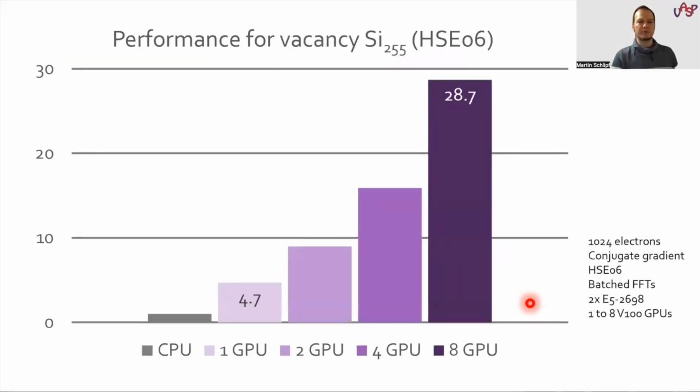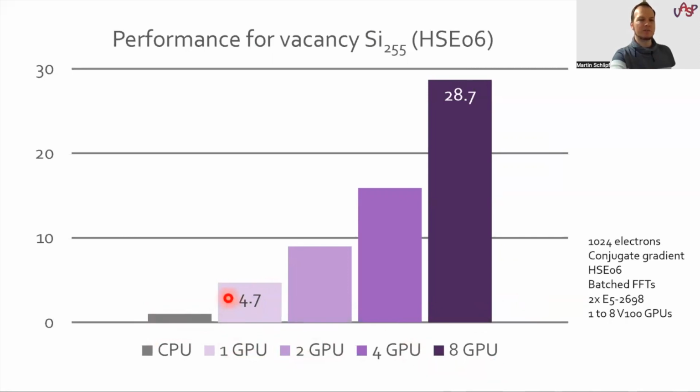Okay, so what performance can we actually get from this? This is a system where we tested a hybrid functional on a vacancy of a supercell of silicon. And for comparison, this is the time that you get for a single CPU, and then this is how much faster the calculation is if you run it on 1 GPU up to 8 GPUs.